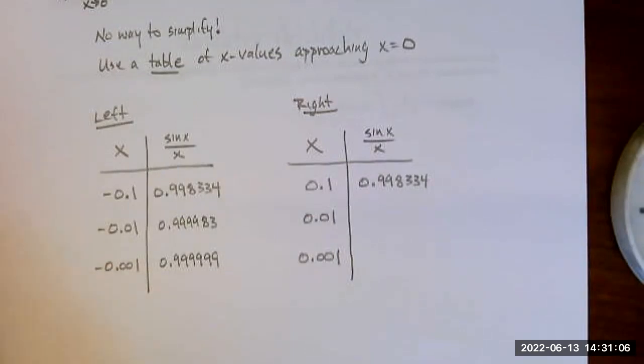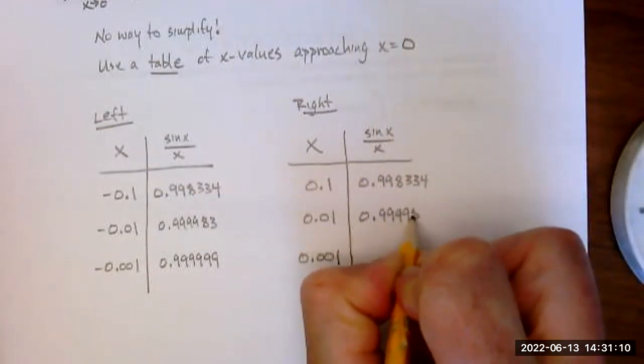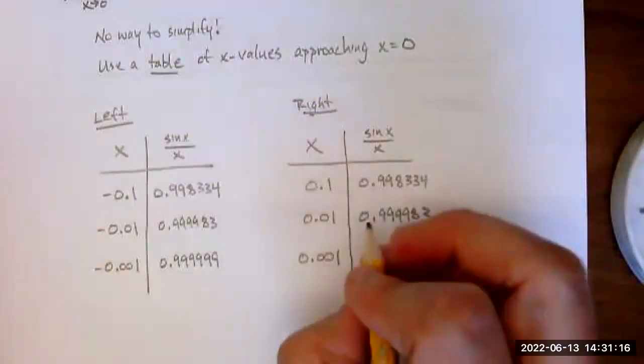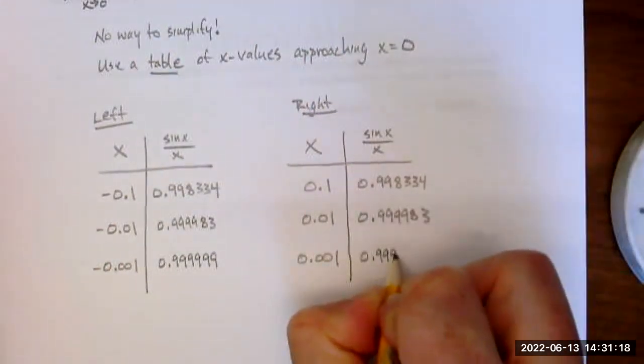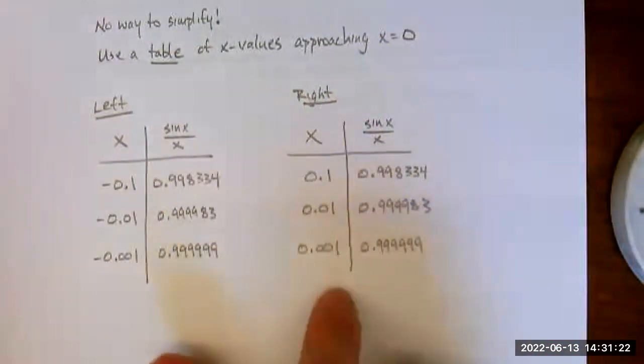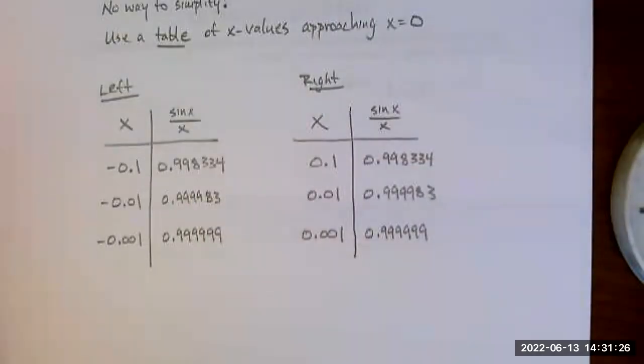I'm going to do it again just to be absolutely sure. 0.999983, yep. Turns out it's symmetrical. All 9s there. So we got 3. We could do more. We could go 0.0001 if we wanted. I think this is pretty good.